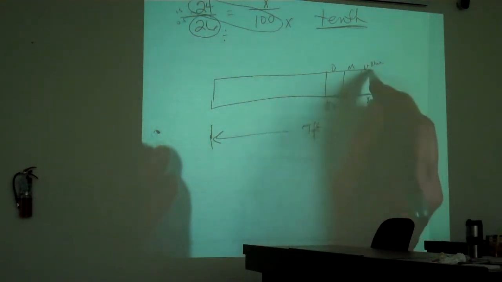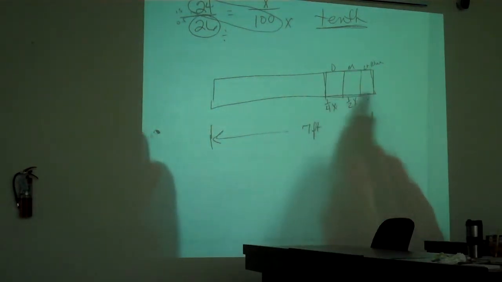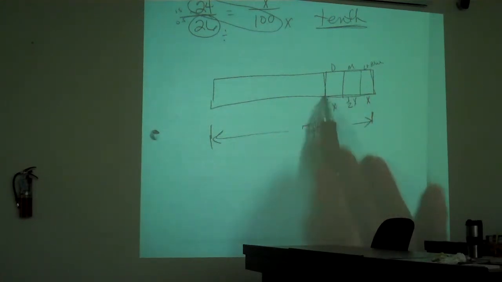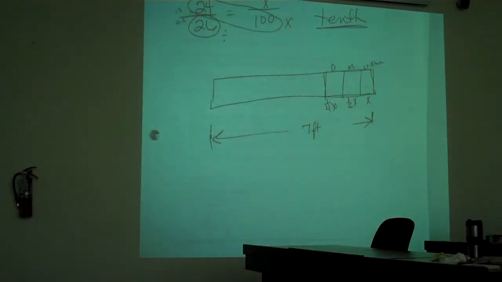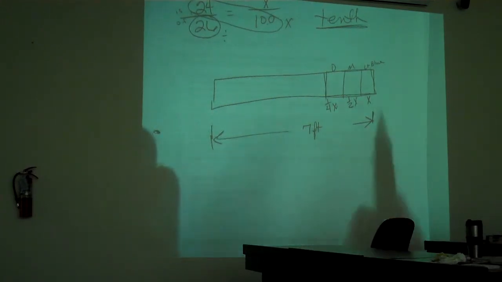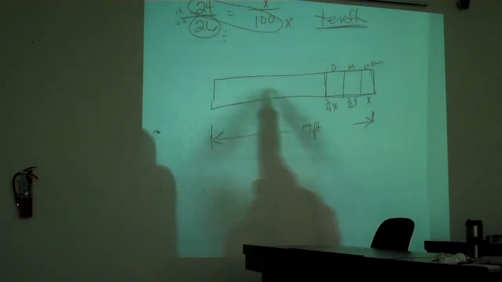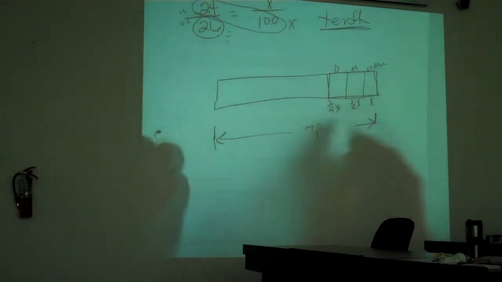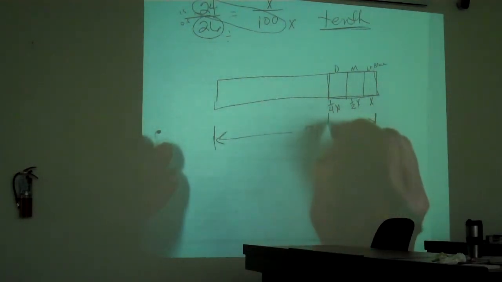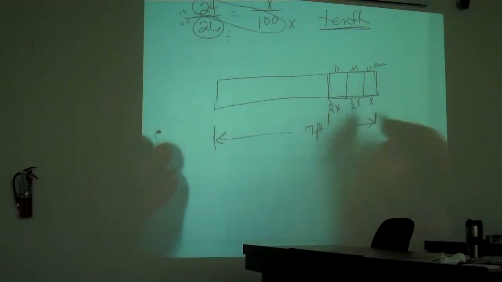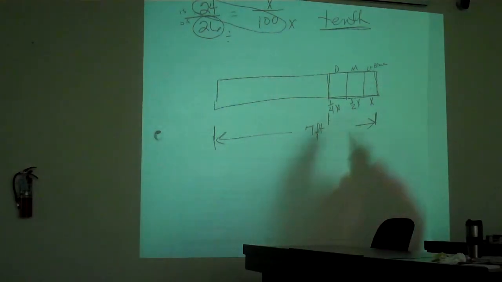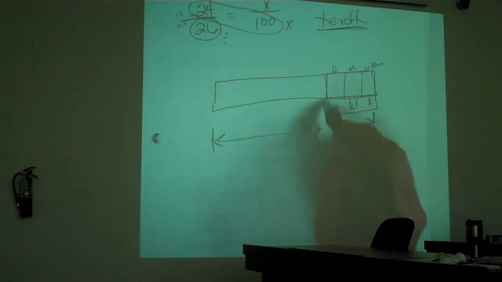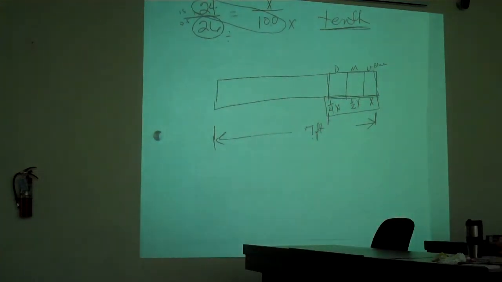This was the whole scarf. It was light blue, and then medium, and then dark. A real scarf, you wouldn't do that, huh? You would keep rotating it, light, medium, dark, light, medium, dark, something like that. Okay, their whole scarf is this part right here, from here to here. So they just have these 3 things right here that add up to 7 foot.